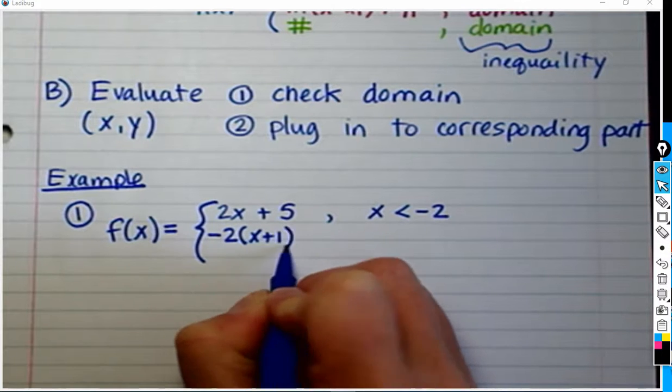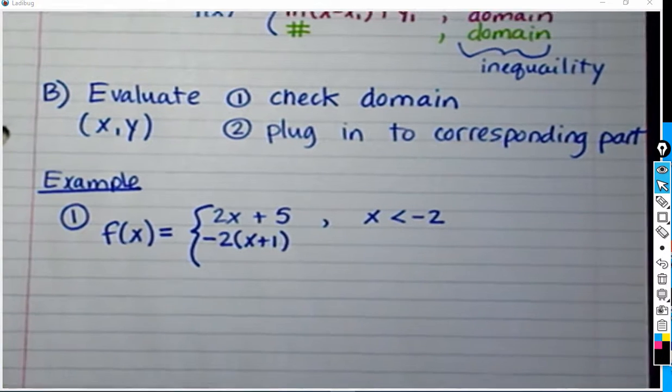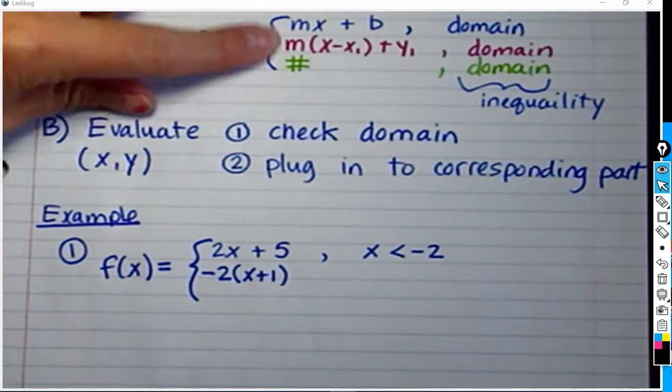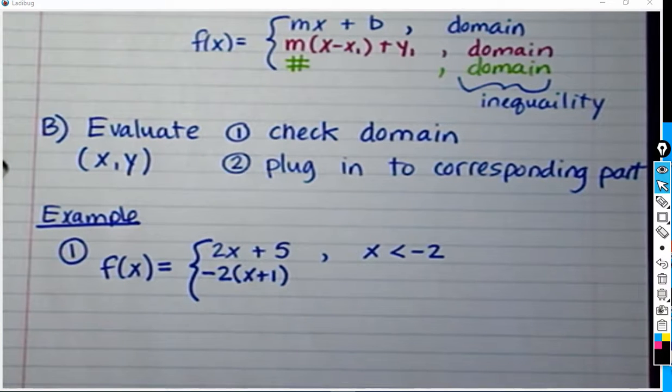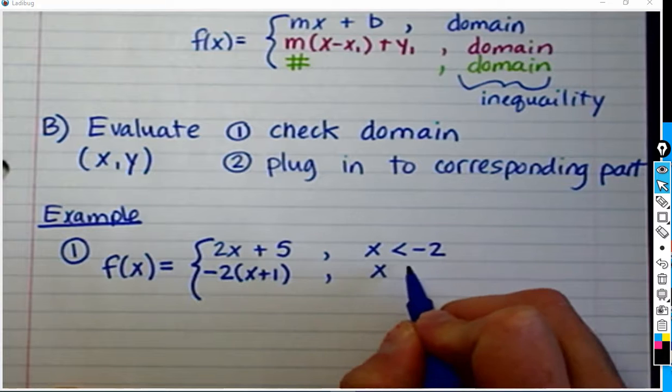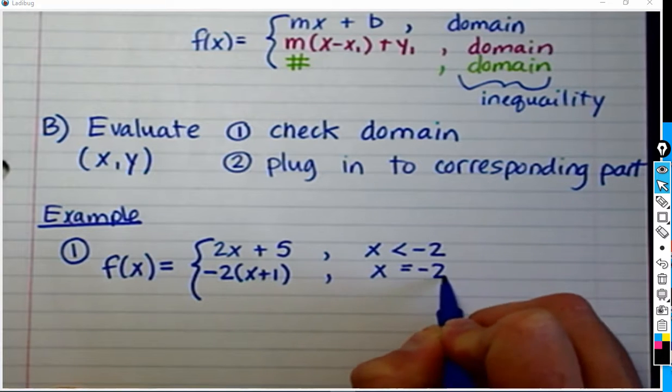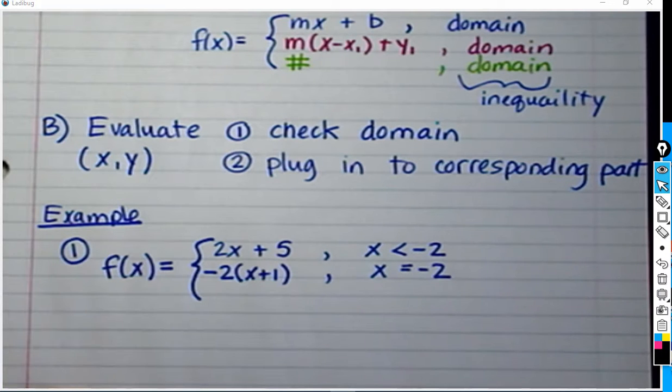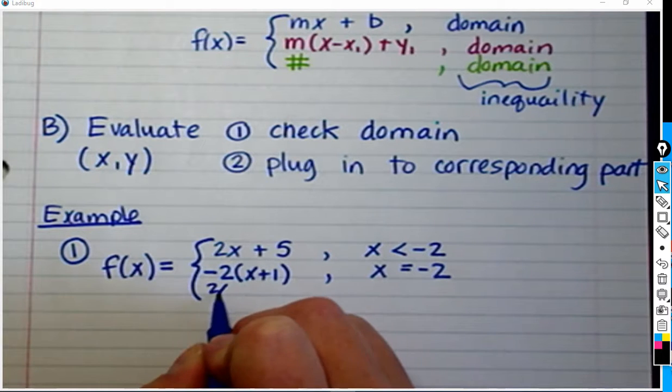Okay, I'll do the middle piece here. Now, the formats can be any mixture of these formats. It doesn't have to be specific. They could all be the same. They could all be different. So this time, y equals negative 2, comma, x equals negative 2. And then I'll do a third part.